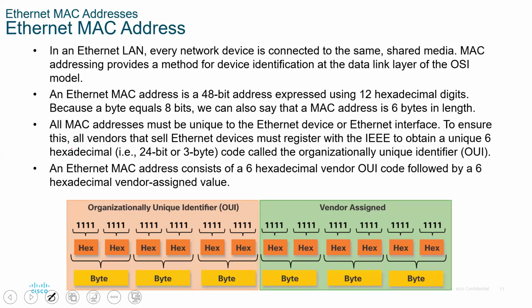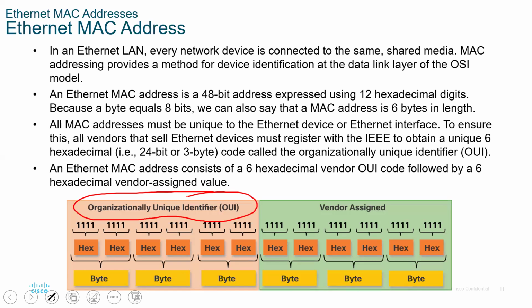So all MAC addresses must be unique, like we said, and to ensure that they are all unique, all vendors that sell Ethernet devices register with the IEEE. And when they register with the IEEE, they are given a unique 6 hexadecimal digit value. And that is what we call the organizationally unique identifier. Okay.